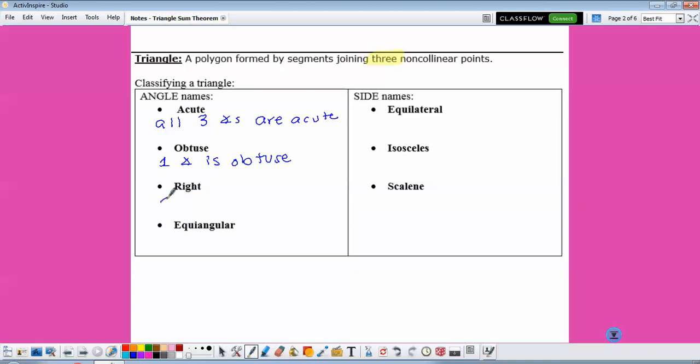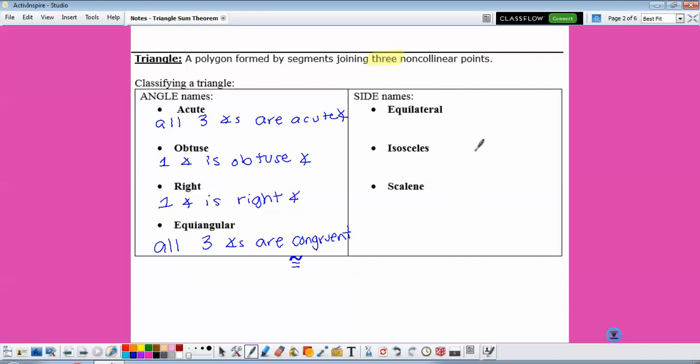If it's a right triangle, then one angle is a right angle. And if it's equiangular, it means all three angles are congruent. And remember that the equal sign with the squiggle on top means congruent.